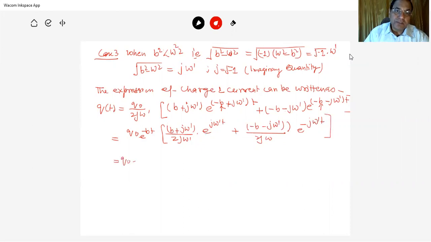So Q0 e raised to the power BT, and inside the bracket, if you take this B common, then we have B upon omega dash and e raised to the power J omega dash T minus e raised to the power minus J omega dash T divided by 2J.